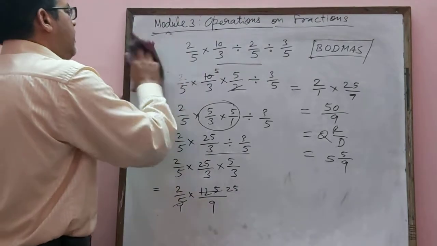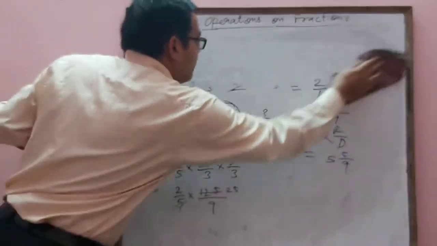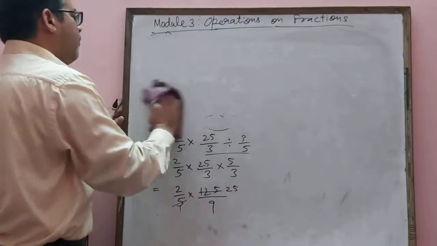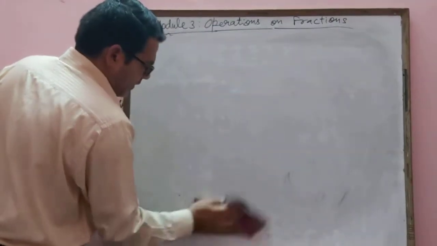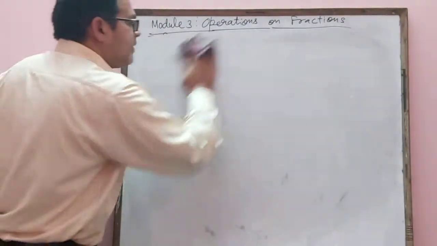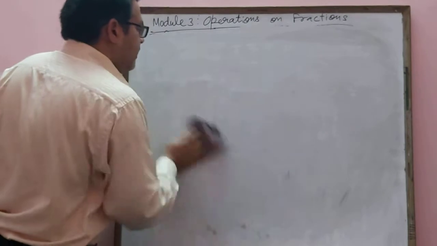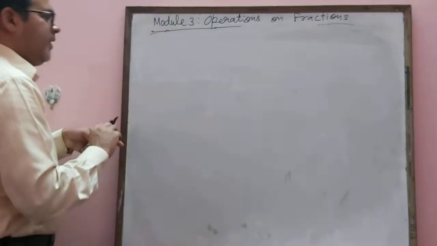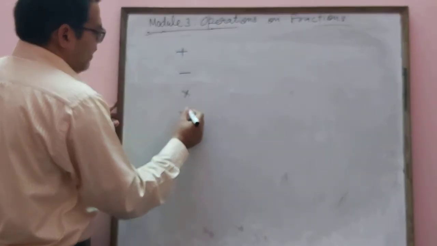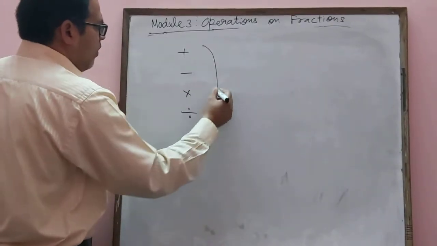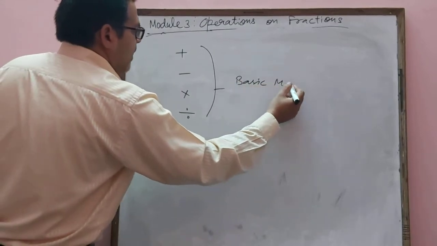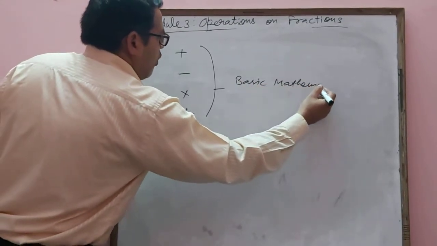Hope you understand. One more question I am taking here. Now in this question I will take all 4 operators. What are operators? That's plus, minus, multiply and division. These are called basic mathematical operators.